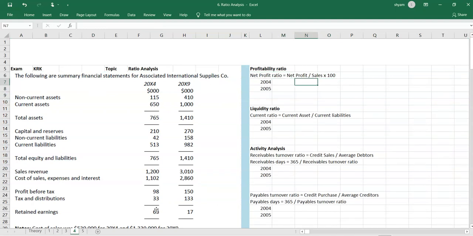So the number would be 98 divided by 1200, and for 2005 it would be 150 divided by 3010.